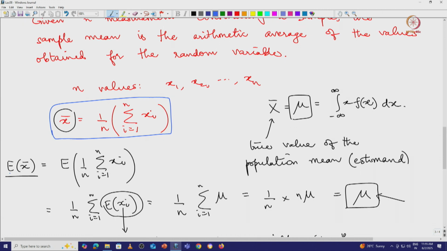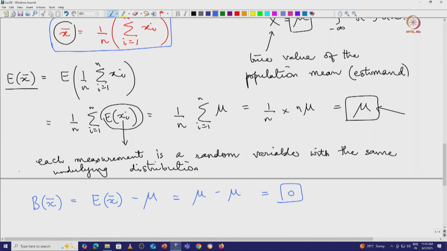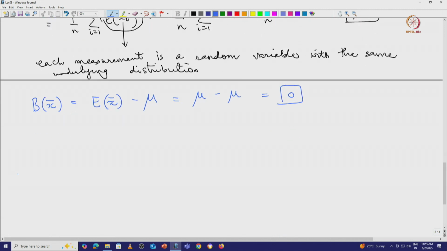So, with that, let us move on to the sample variance. The next thing we are studying is the sample variance. Okay. So, the sample variance is used as an estimator for the population variance.